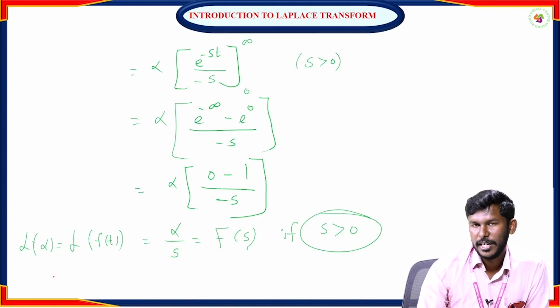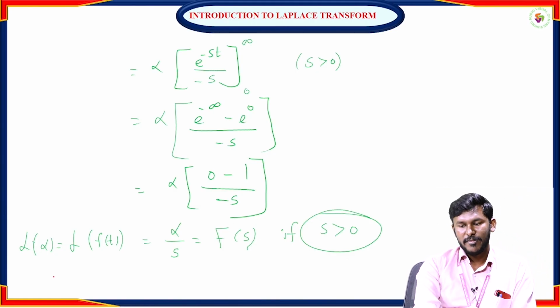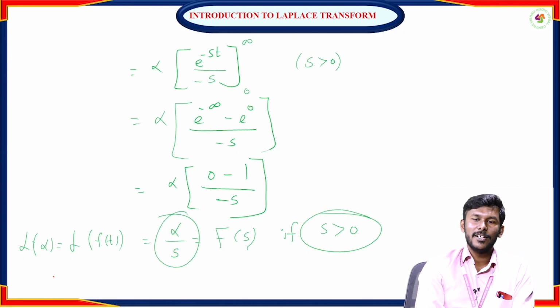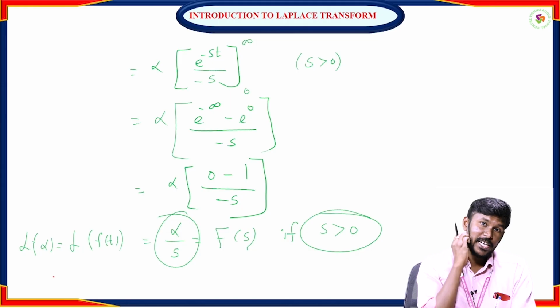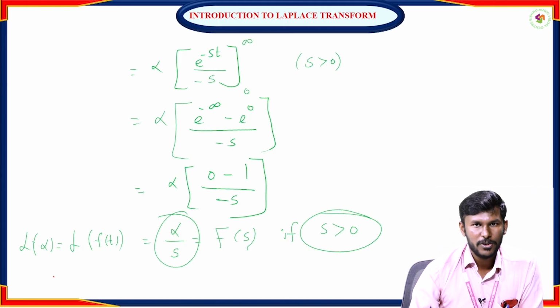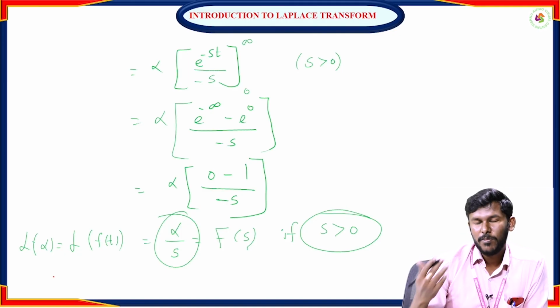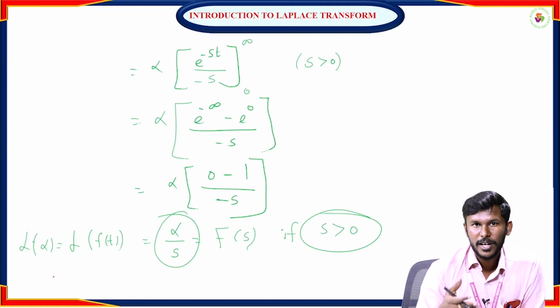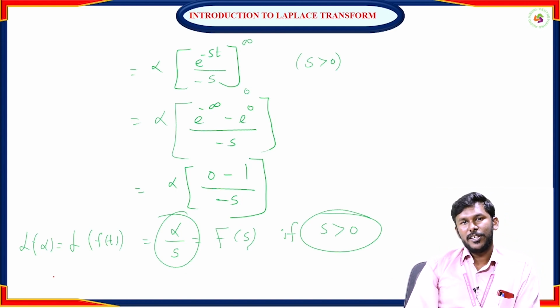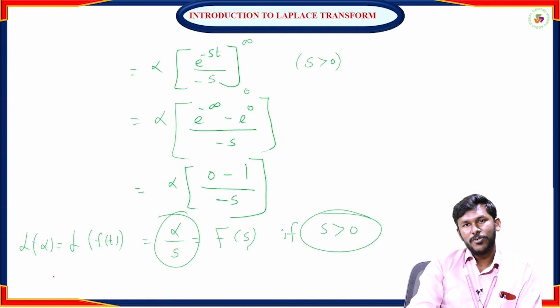This is called the region of convergence. Only when s is positive can we reach that. Okay, so be very careful doing Laplace transformation, applying limits. It's a peculiar rule. Many formulas we can get, for 0, alpha, then t power n, and many formulas are there. I feel this is okay for you.